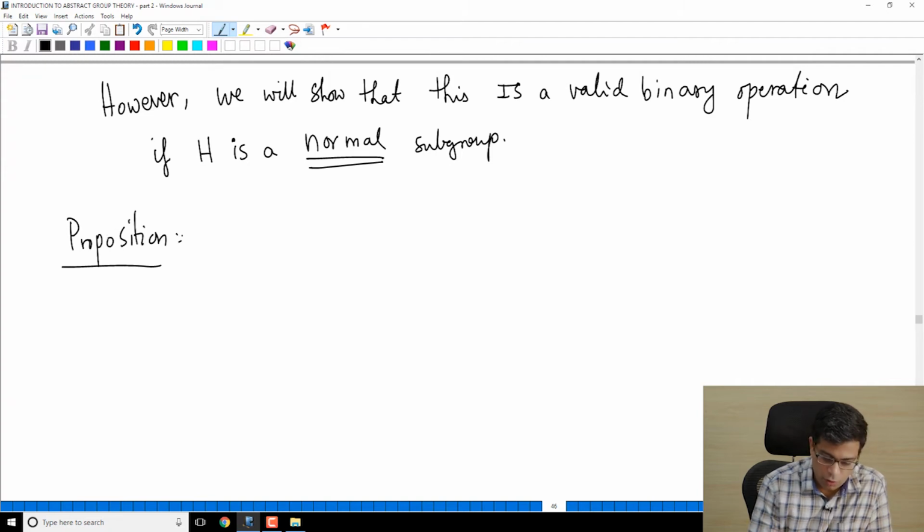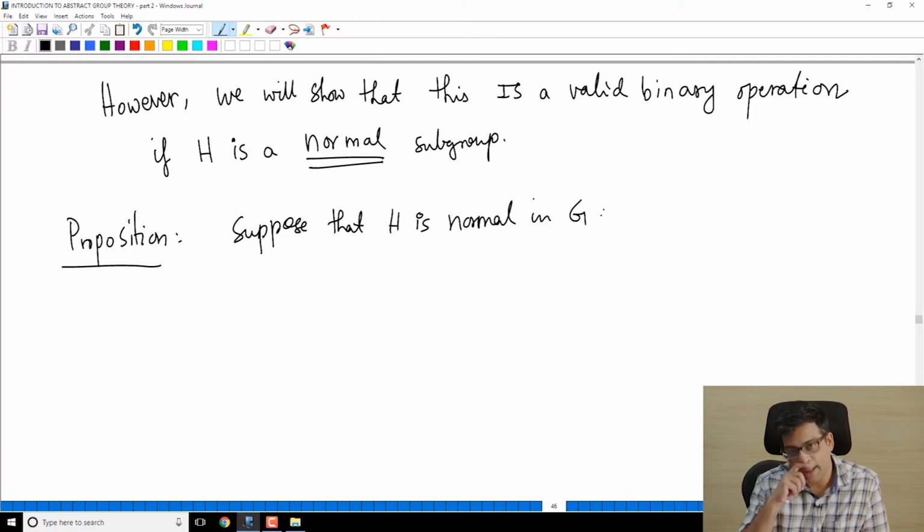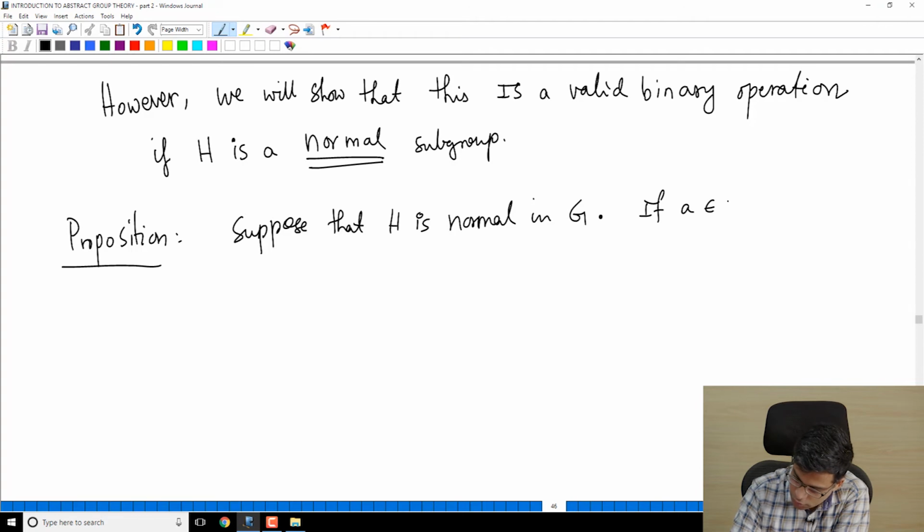to achieve my goal. So suppose that H is normal in G. Typically we denote normal subgroups by N. In this case I will stick to H, but subsequently, when we talk about normal subgroups, we use the letter N. So what I want to first show is if a belongs to G, then aH equals Ha.